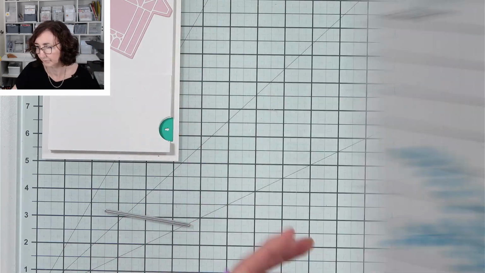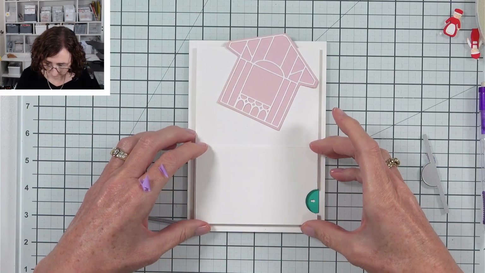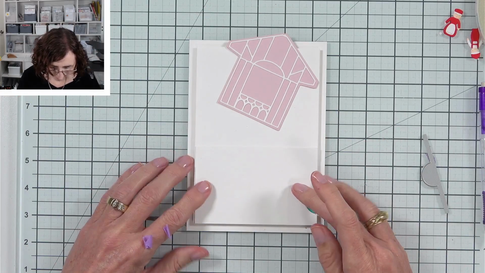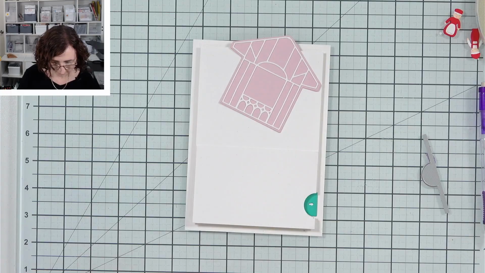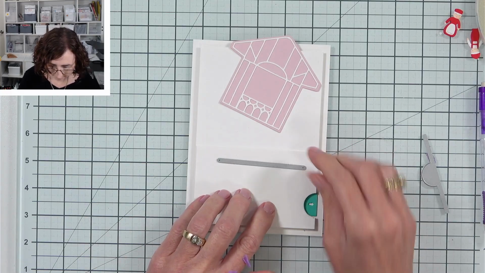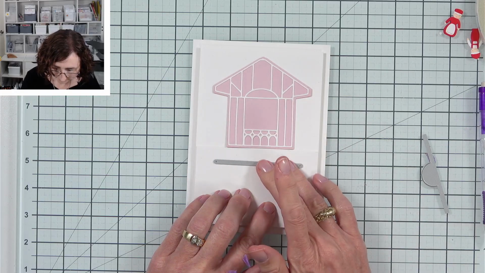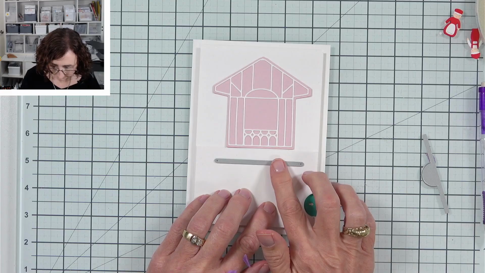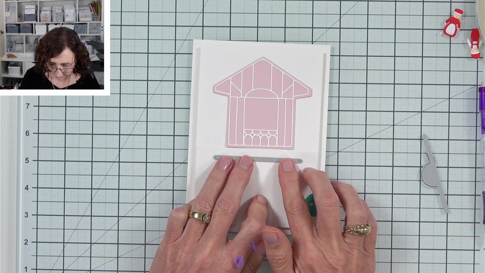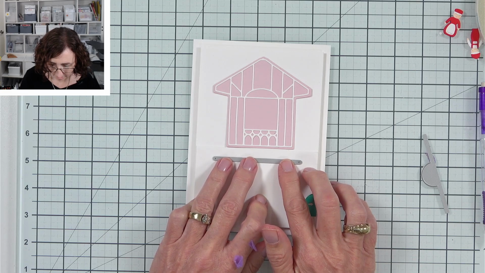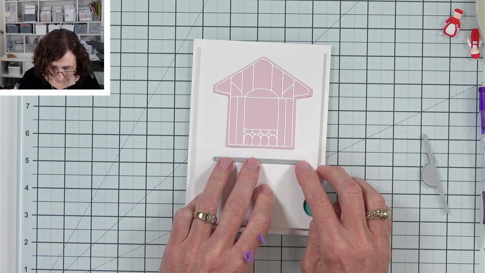Okay. I have the house sitting here. The movement's going to be on the outside.